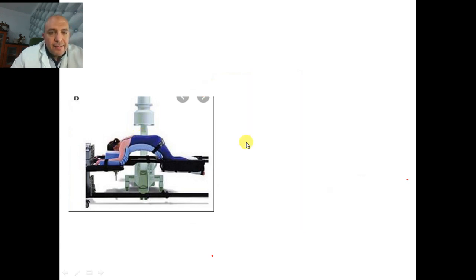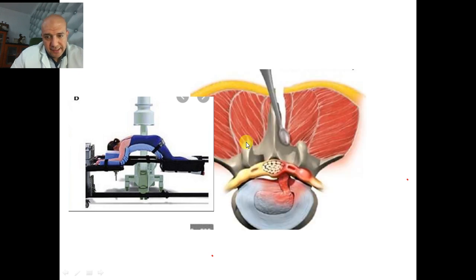The disc is protruding mostly through the posterolateral part of the annulus fibrosus, and this area is a weak area.